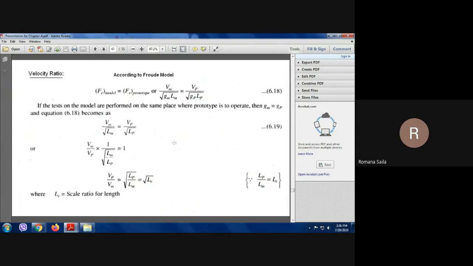But as we are testing the model in the same place, on earth, the value of the acceleration due to gravity will not change. It will be equal, so gm is equal to gp, and as these two are equal, they are excluded from the equation. Now Vm by root over Lm is equal to Vp by root over Lp.